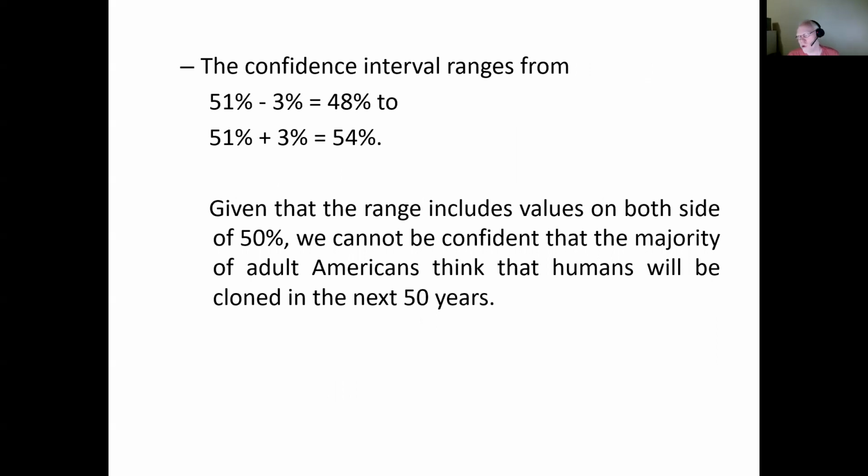So we're fairly confident, 19 times out of 20, that the true population parameter is somewhere between 48% and 54%. But we have no way of judging where in that range it's more likely to be. We can't say it's more likely to be 51% or 52, 53, or 48. We have no way of telling the different probabilities there.